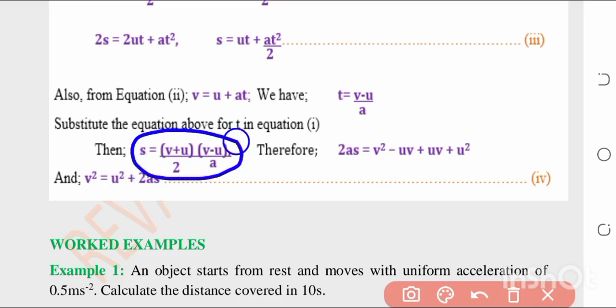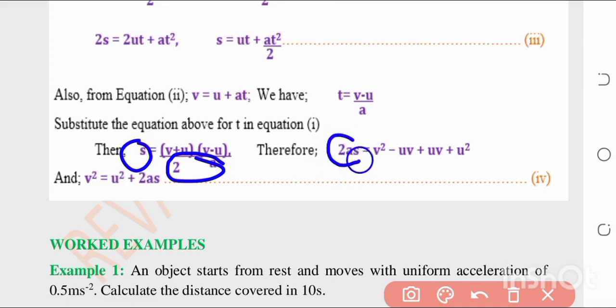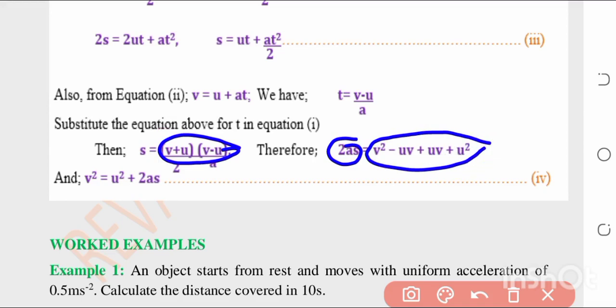And if you play around with mathematics here, we can open the brackets in the numerator and do a cross multiplication of this with this, that is 2a multiplied by s, and that will give us 2as. And opening the bracket at the top here makes us have something like this. You can practice this.